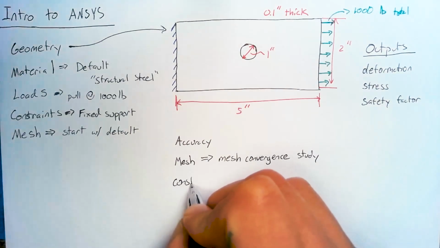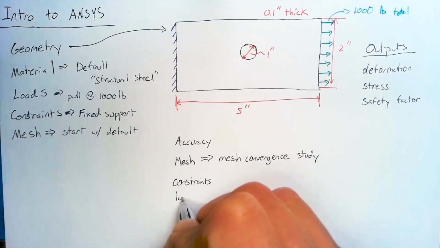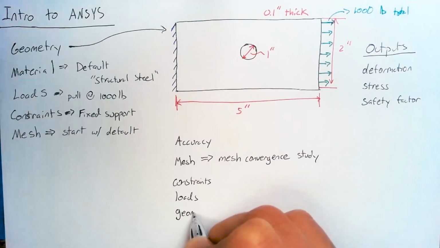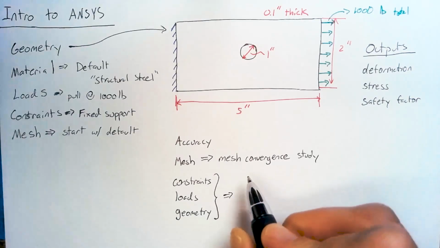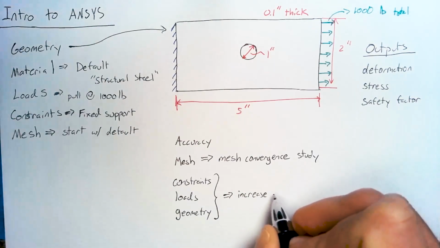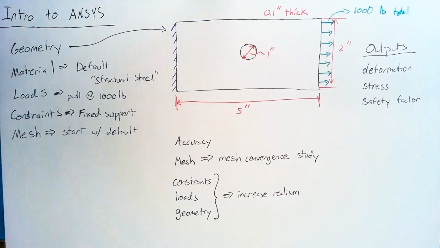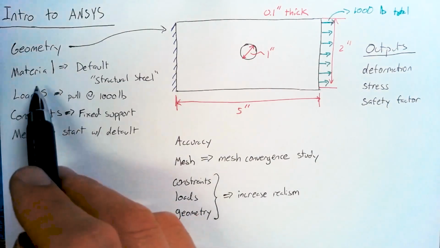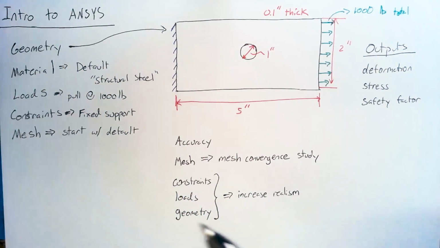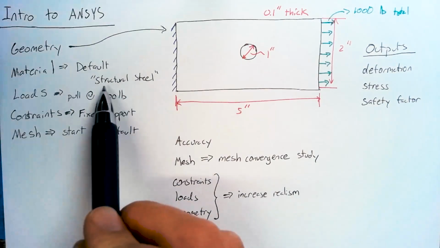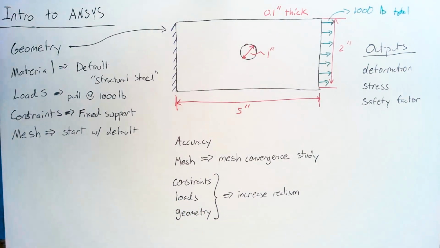Then for the constraints, for the loads, and for the geometry, these are things that come from real life. Right? And so the best thing we can do is just try to increase the realism. And we'll also play around with the material as well, but as far as the simulation goes, we just have to trust that the properties given by this material are realistic.